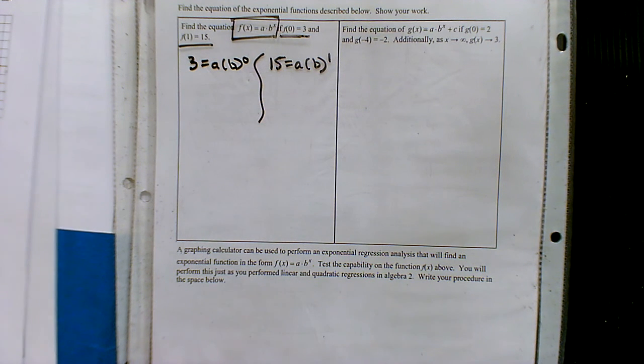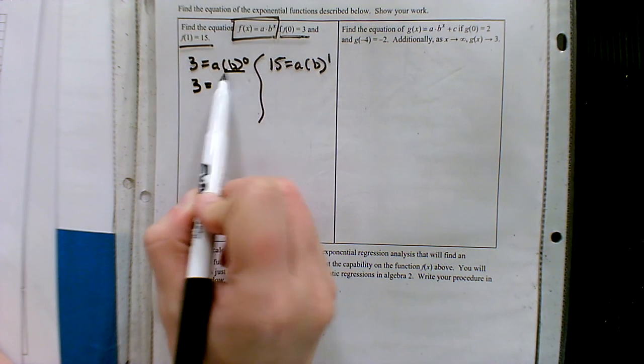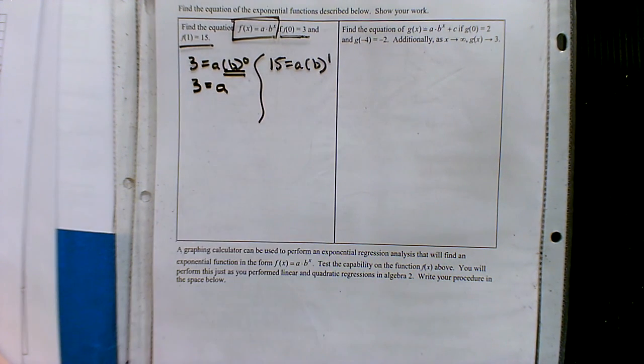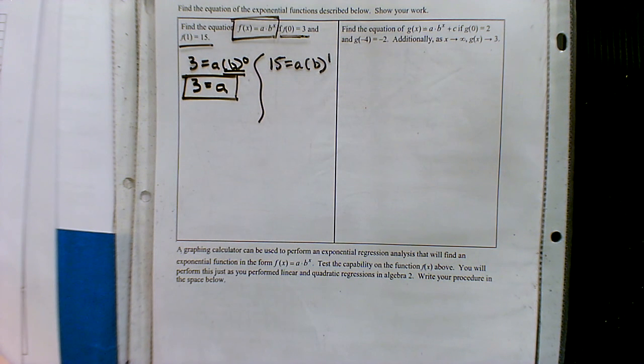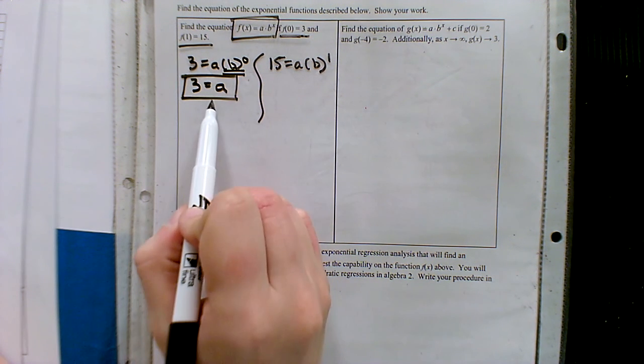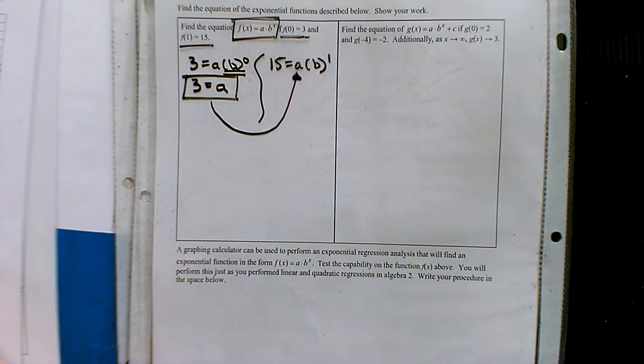What do you think, Caitlin? Is 1. Okay, so if this changes to 1, we're just going to be left with A. So it looks like our A value is 3. So let's maybe perhaps take that A value of 3 and plug it into the other equation from the point we didn't necessarily use just yet.